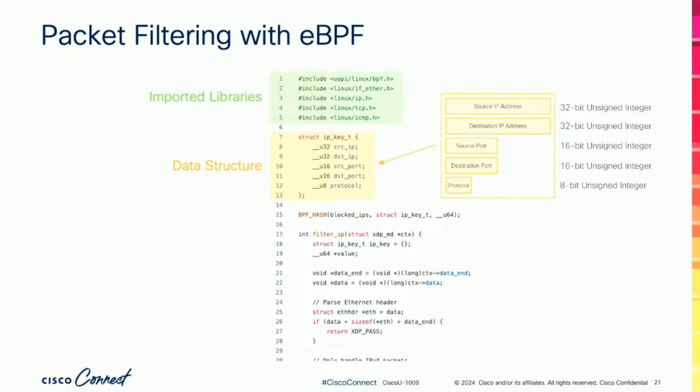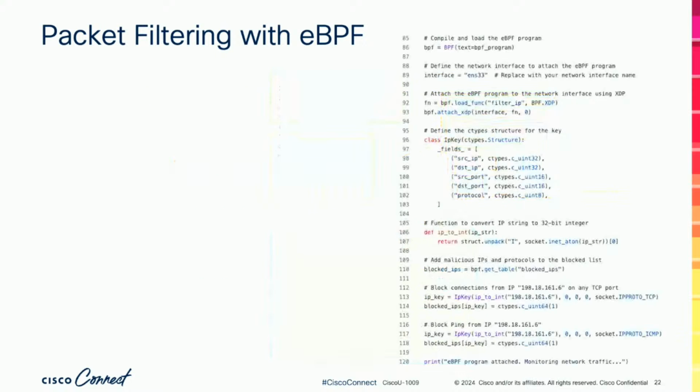And those are stored as integers inside of this data structure. With that data structure, we then create that eBPF hash map that you see here that we're going to write that data into for the things that we want to discard packets for. And then that actual filtering functionality is done here, essentially recognizing when a packet comes in that matches, it does that lookup, and it goes ahead and discards those packets.